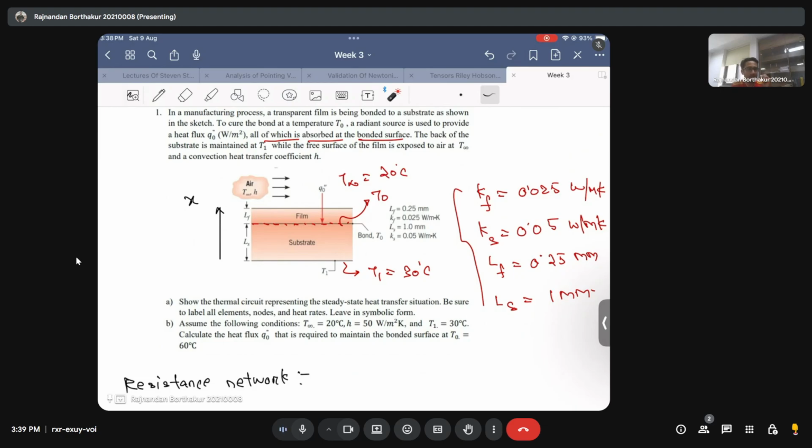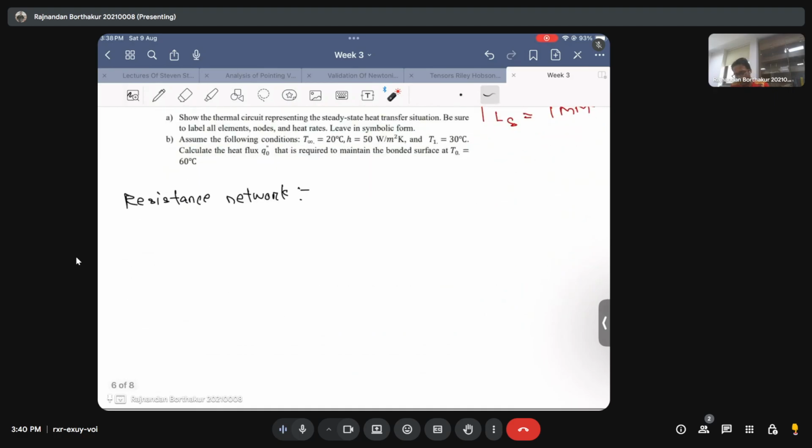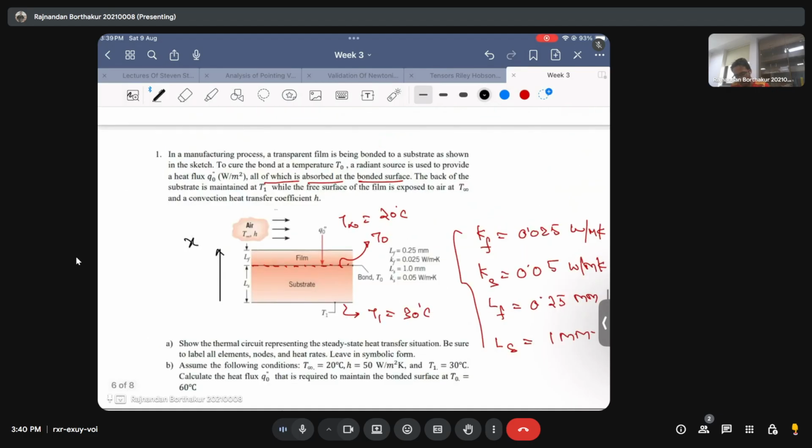Because you are providing heat at the interface, the node with the maximum energy will be the interface at temperature T naught, the bond between the film and the substrate. So we will start by writing the node at the highest temperature, which is T naught, the interface of the film and the substrate.